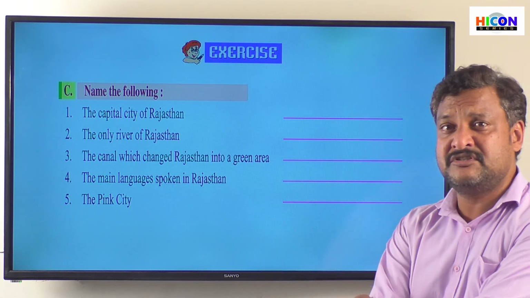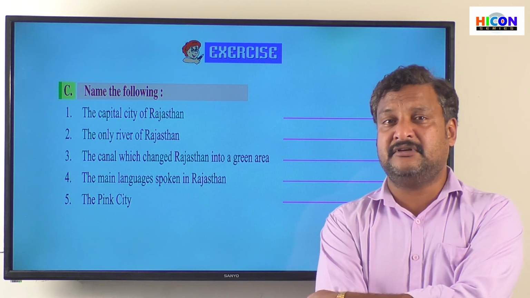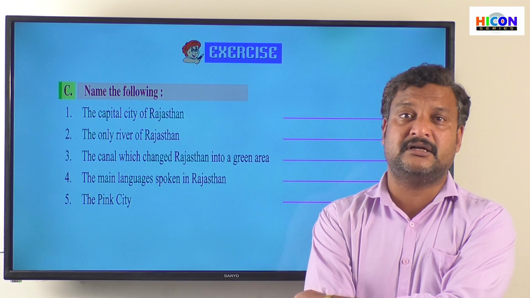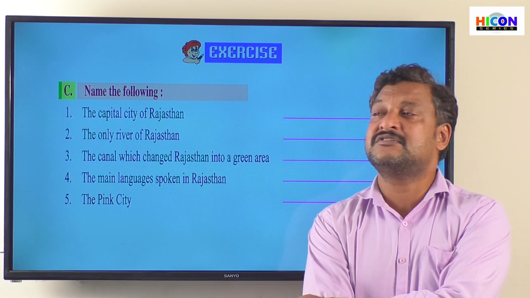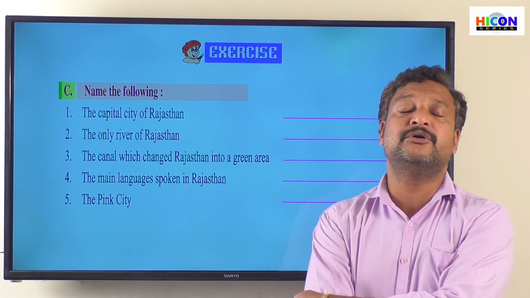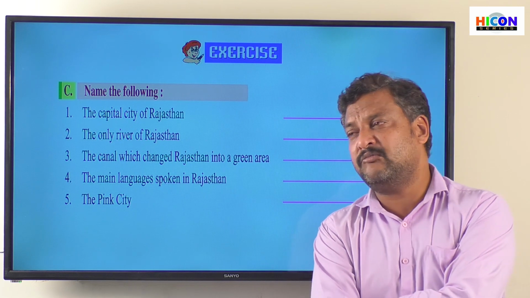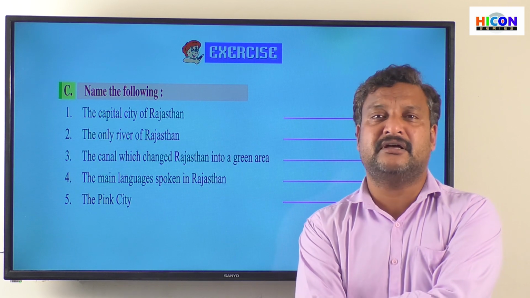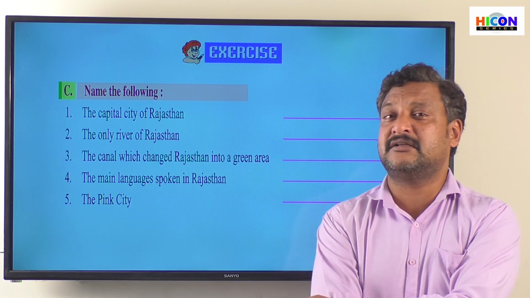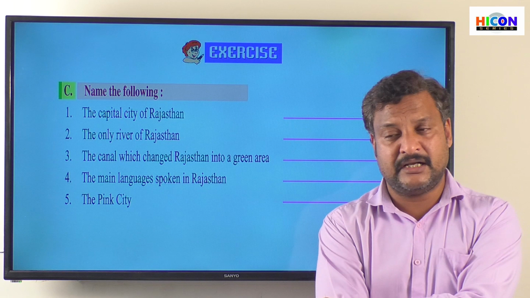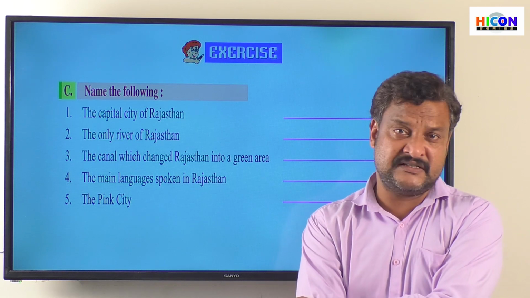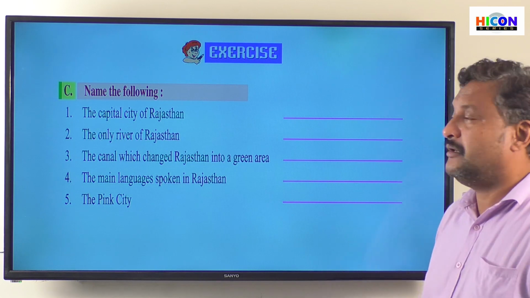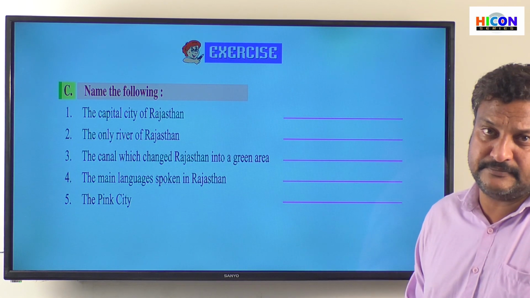There's a canal which brings the water from the Satluj and Beas to the plains of Punjab and Rajasthan, making it one of the most fertile regions which produce wheat. So what is the name of that canal? The canal is called the Indira Gandhi Canal or the Rajasthan Canal. Okay, the Indira Gandhi Canal or the Rajasthan Canal is the canal which has changed Rajasthan into a green area.